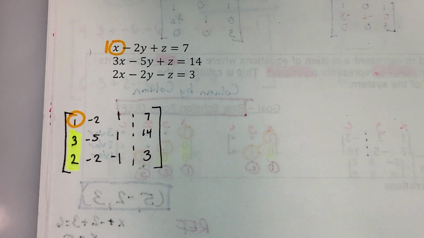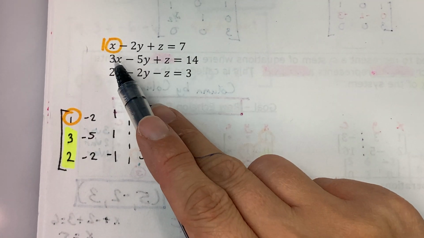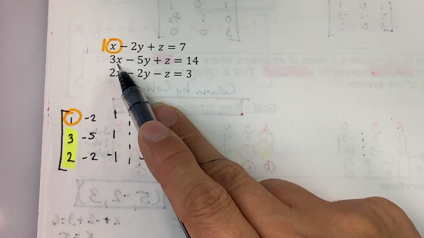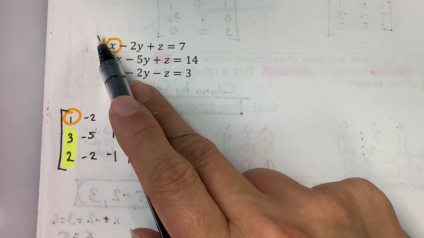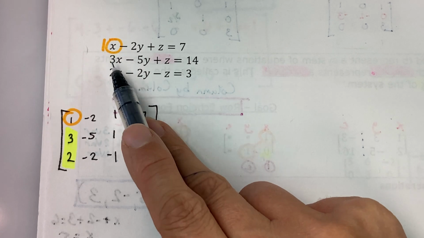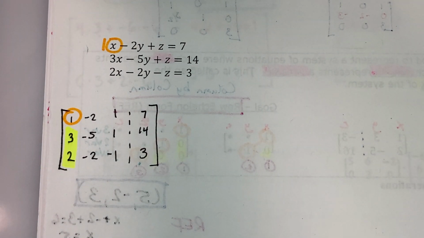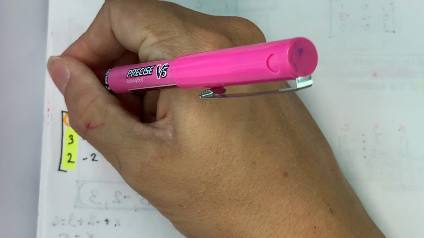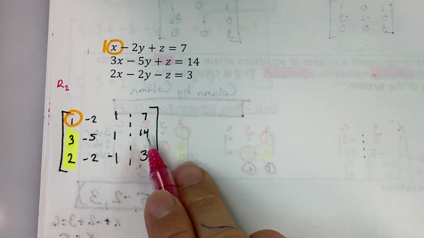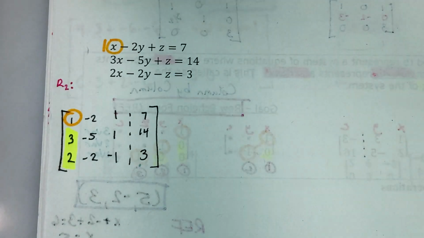So again, if it helps you, you can think, how would I get these x's to cancel or be 0? Well, we would multiply our first equation by -3 and then add those 2 equations together. So transferring that to our matrix work, which row are we going to replace? Row 2. What are we going to replace it with?